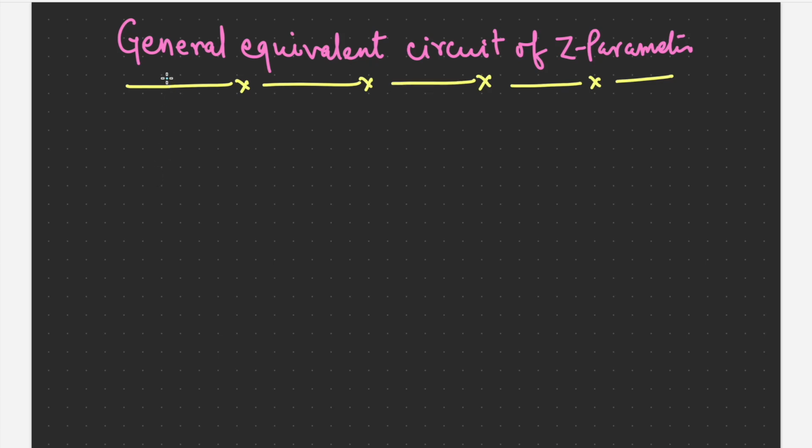In this video, we are going to learn the general equivalent circuit of Z parameters and we will solve some problems based on this. So to find out the general equivalent circuit of Z parameters, first of all, we have to write the Z matrix. As you know, the matrix V equals Z matrix multiplied by I matrix.